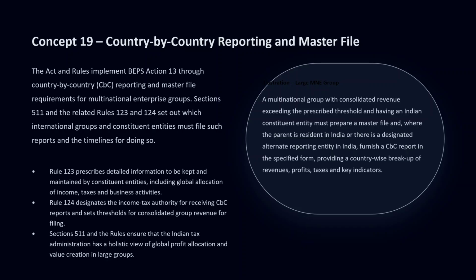We have Rule 124 here, which designates the joint director as the income tax authority for receiving CBC reports, prescribes forms 58, 59, and 60, and also sets the consolidated group revenue threshold, expressed in rupees by reference to the TT buy rate, above which CBC reporting is required.